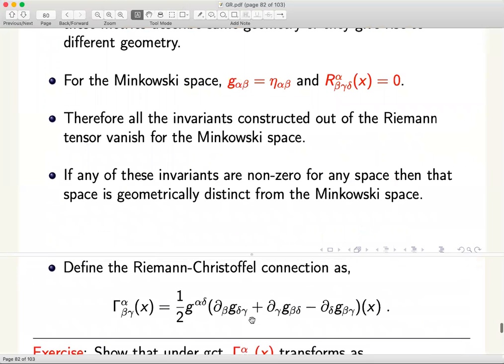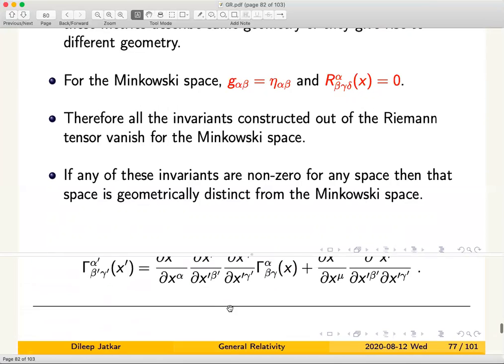You would know it already, but given that the Riemann-Christoffel connection is written in terms of derivatives of the metric, if your metric has all constant entries, this whole stuff vanishes. So your Riemann-Christoffel connection is 0.